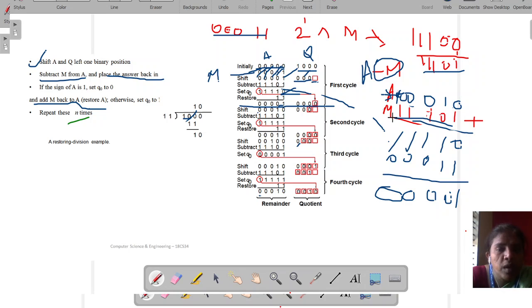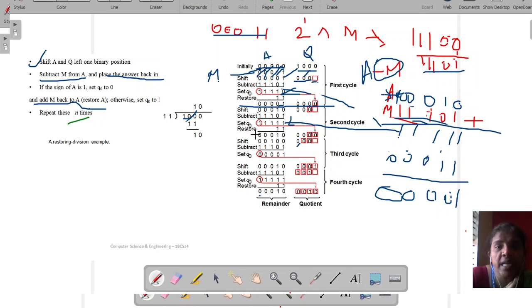M remains the same, with its 2's complement. You have to subtract M from A, which is A plus the 2's complement of M. What is the result you are getting? All ones, 11111.